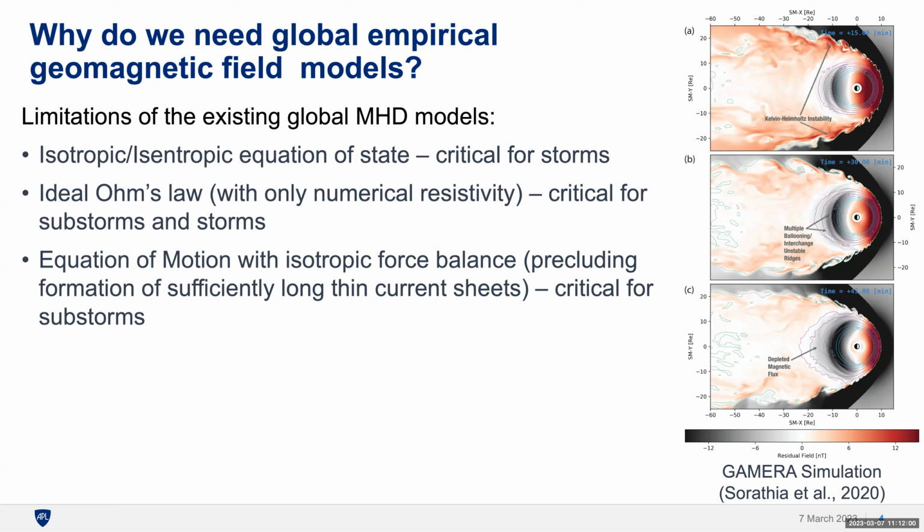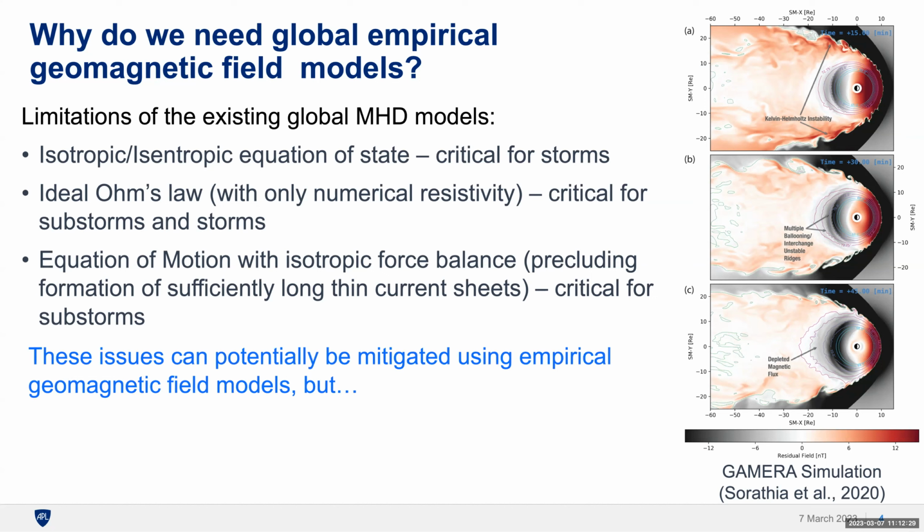And recent theory is starting to indicate that these very long, thin current sheets that exist in the tail need to be described using the anisotropic and agyrotropic terms in the pressure tensor, and that isn't efficiently described in MHD simulations. So these are just some examples of limitations that exist in current MHD models.